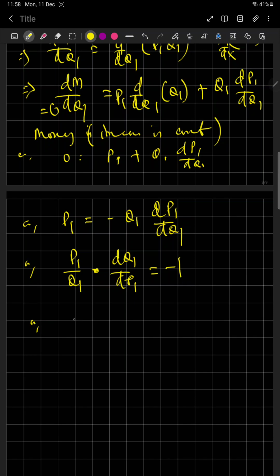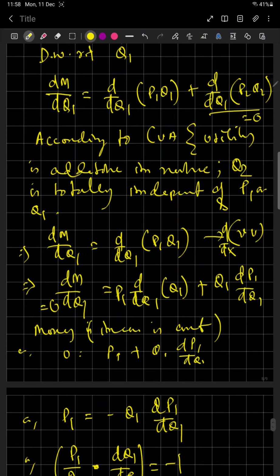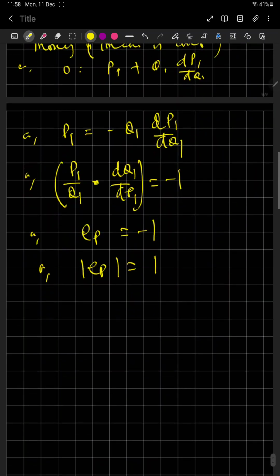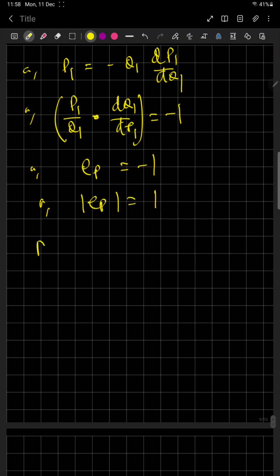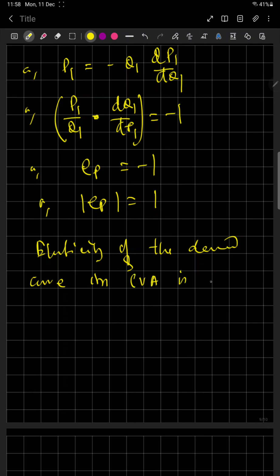If we look carefully, this is nothing but the elasticity. Ep is equal to minus 1, or mod Ep is equal to 1. So the elasticity of the demand curve in the cardinal utility approach is unitary.